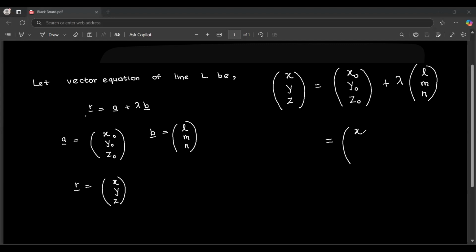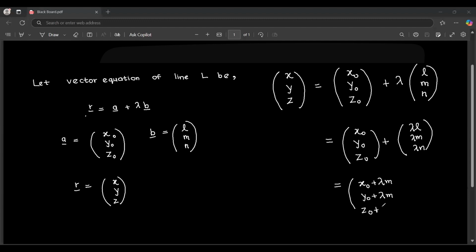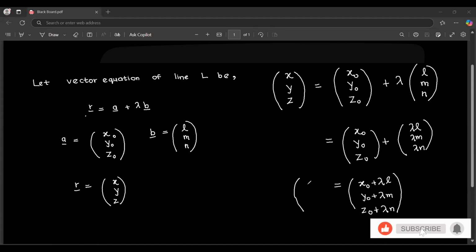I will have x0, y0, z0 plus lambda l, lambda m, lambda n. Once I add these two, I will get x0 plus lambda l, y0 plus lambda m, and z0 plus lambda n. But what is this equal to? It is equal to x, y, z, the coordinates of vector r.